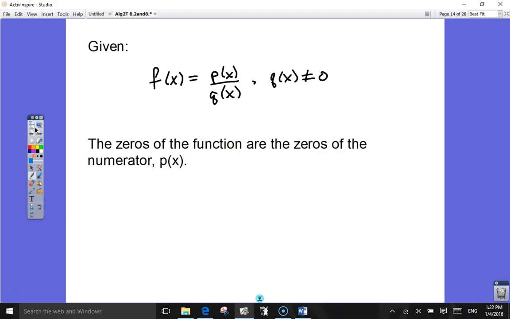Whatever the zeros of the numerator are, those are the zeros of the function. Okay. Next.